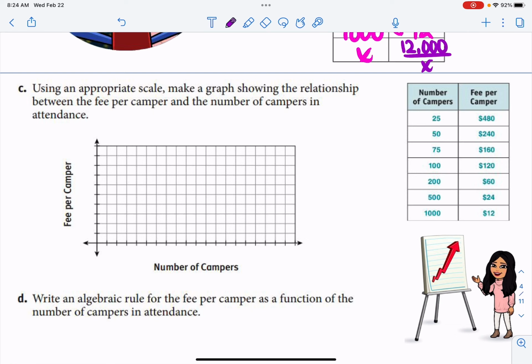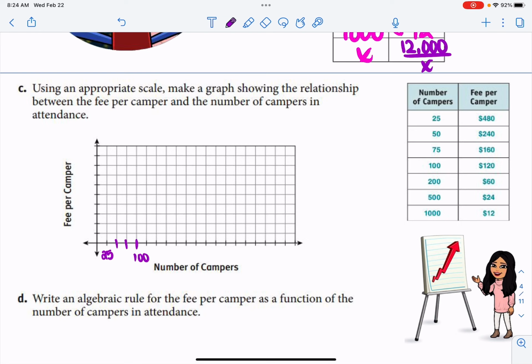Okay, so if I was to graph this, let's say I want number of campers on one axis. I'm just going to go up by 25s, so I'll do 25 here. This will be 50, 75, that'll be 100.